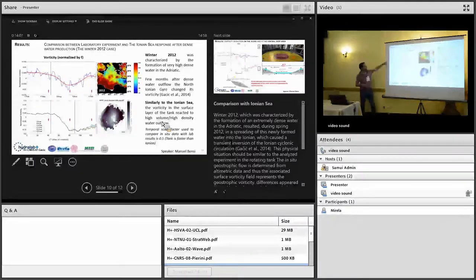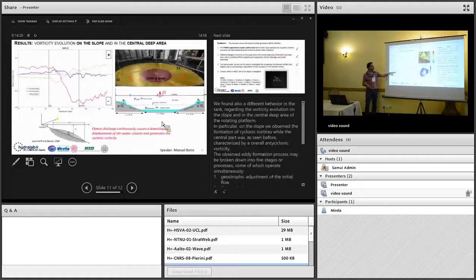And by comparing the vorticity normalized by the F factor in the Ionian Sea, where we analyzed the absolute dynamic topography from satellite, and from the tank that you saw before, we obtained a good comparison of the change of vorticity. The only difference is the time factor between the Ionian Sea and the rotating platform.